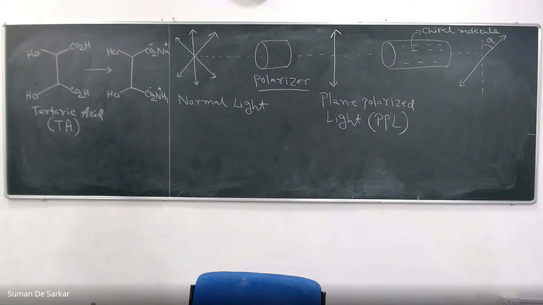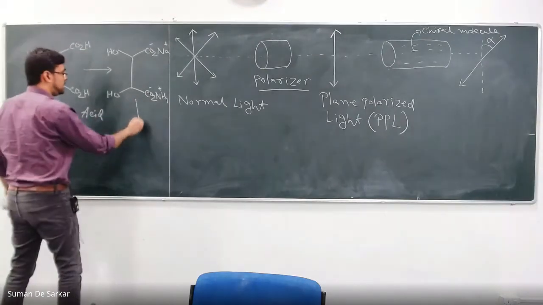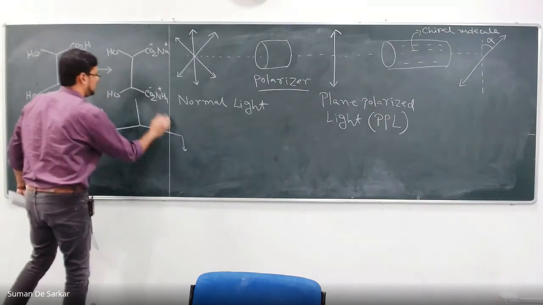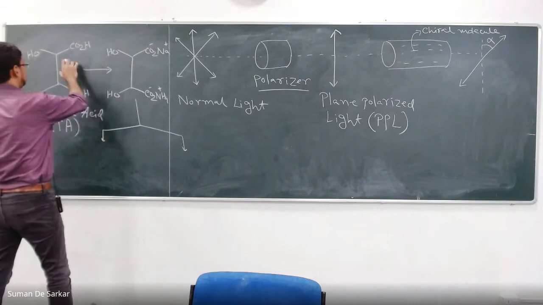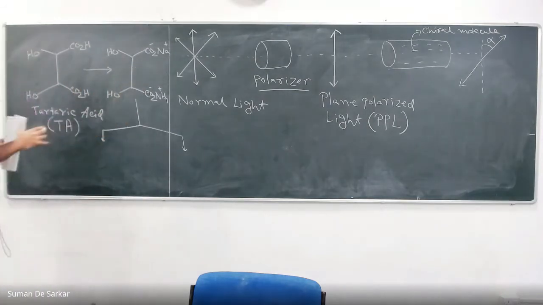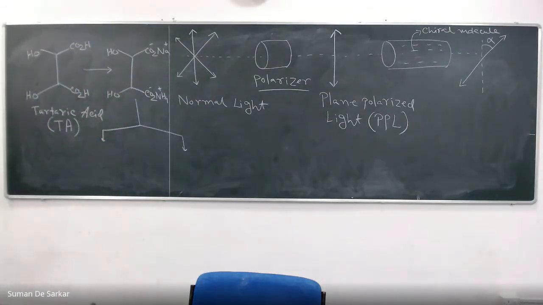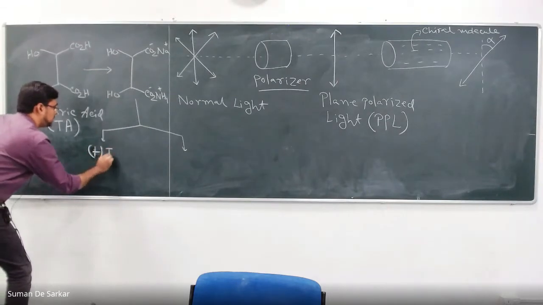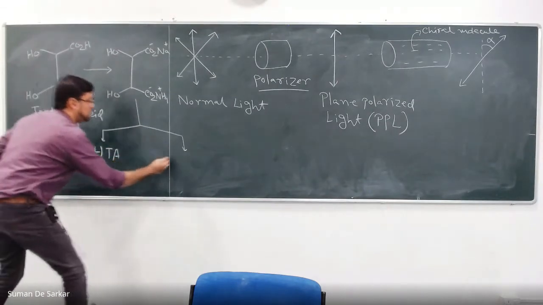All right. So he made this thing, and what he did, he managed to separate from the initial salt two isomers, namely the plus tartaric acid and minus tartaric acid.